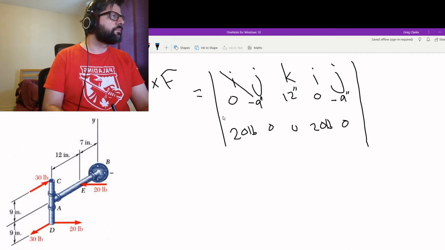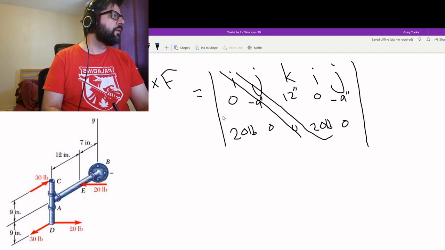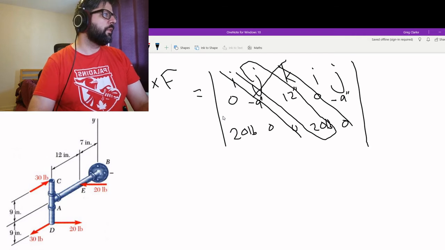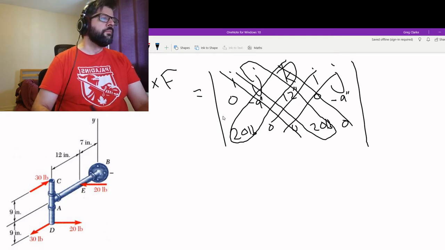All right, so we can go ahead and just look at these. So that cancels out to nothing. This one has some non-zero components, so we'll circle it. This one cancels out to nothing. This one also has non-zero components. That one cancels out, that one cancels out.